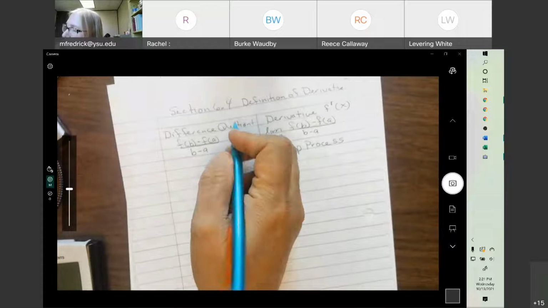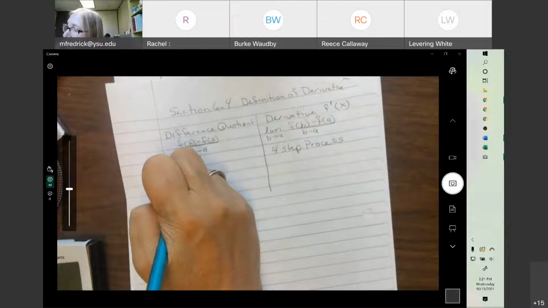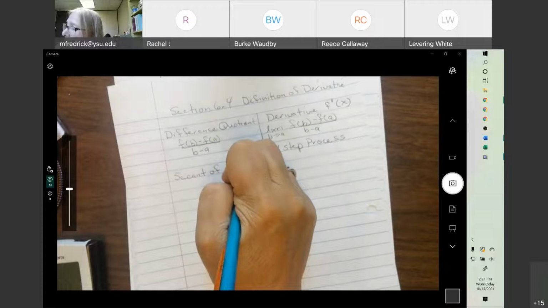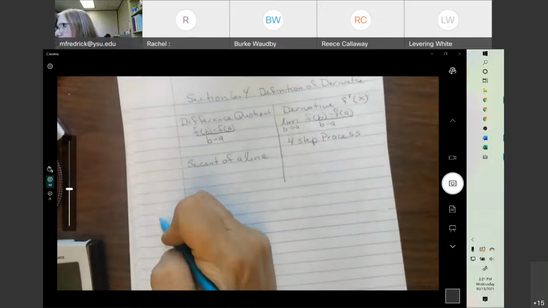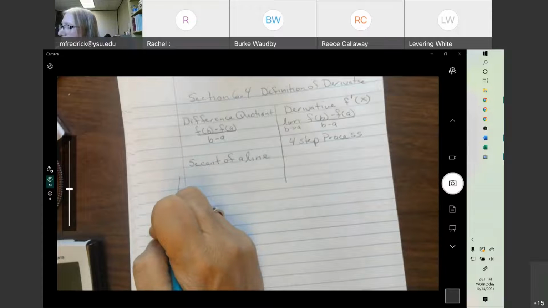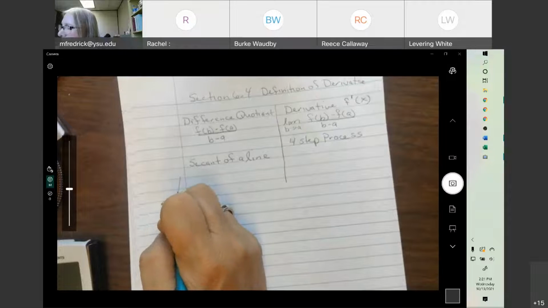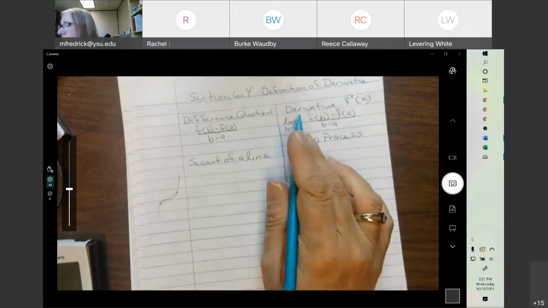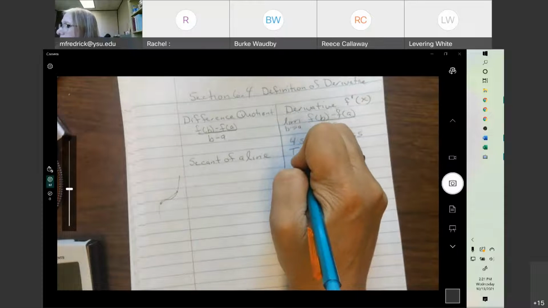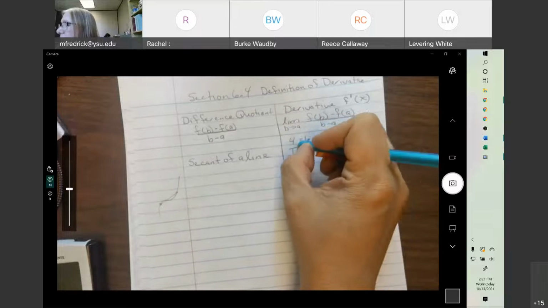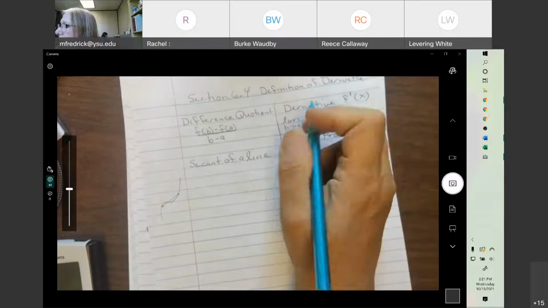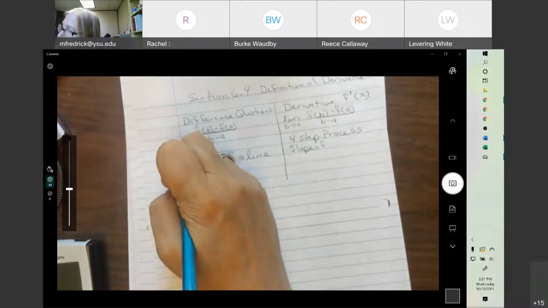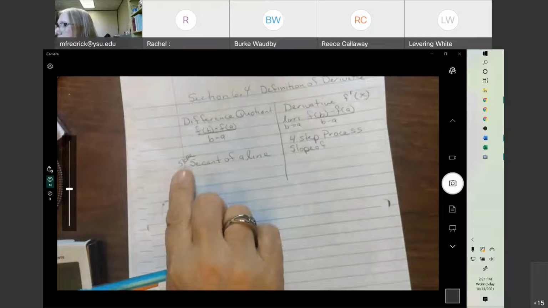When you're using the difference quotient, it would be the secant of a line. For a secant, when you have a line, this is our graph, you're going between 2 points and you're finding the slope between them. For the derivative, it's the tangent of a line. It should say slope of the tangent. Both of these should be slope.